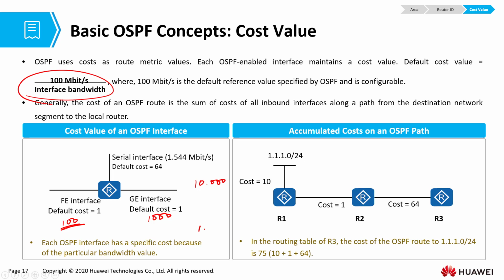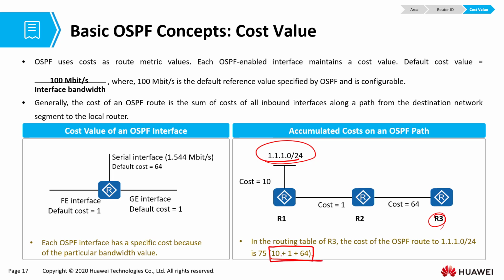So sometimes we want to adjust the reference bandwidth based on the interfaces we have in our network. Generally, if a network is this far from a particular router, in order to calculate the cost to that network, the router is going to take a summation, it's going to sum together the cumulative cost from that particular network to the local router that is trying to calculate the cost.